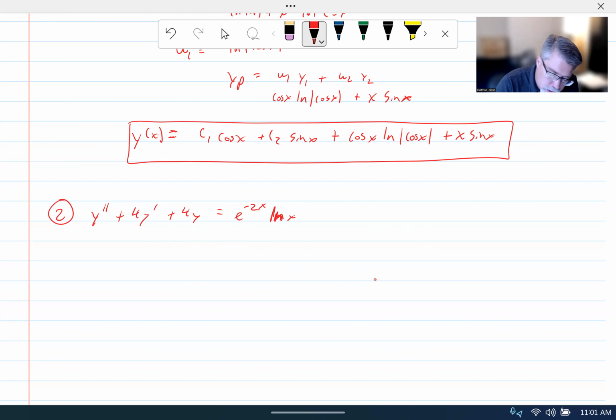So let's just look at the homogeneous equation associated with this: y double prime plus 4y prime plus 4y equals 0.